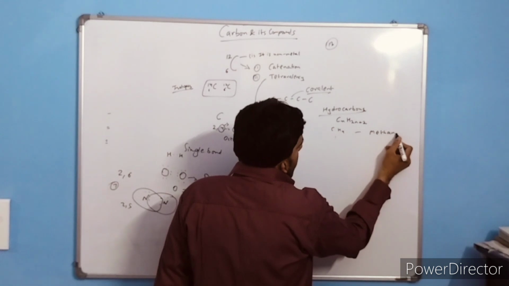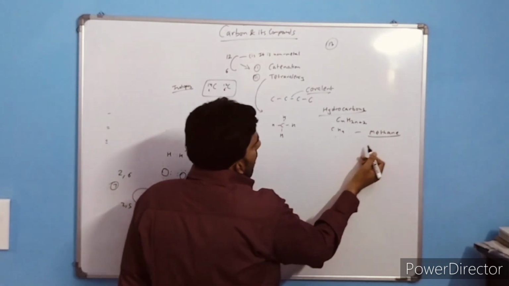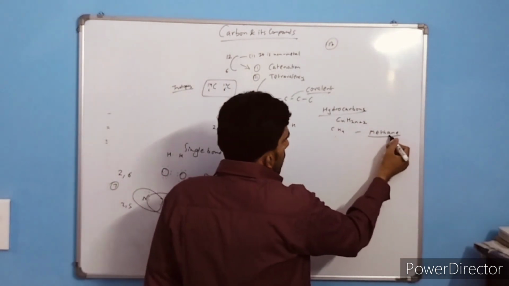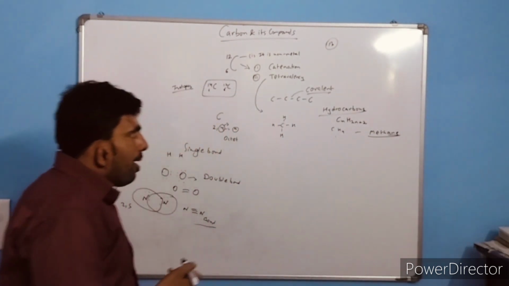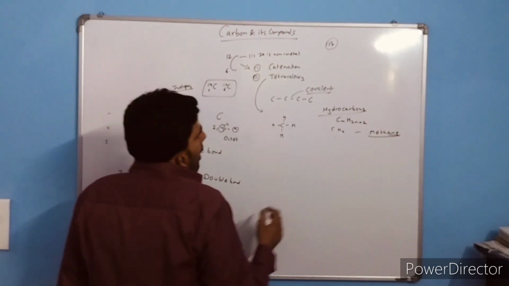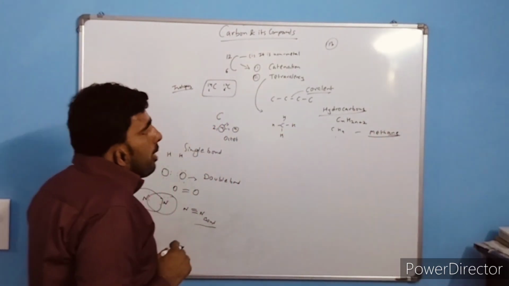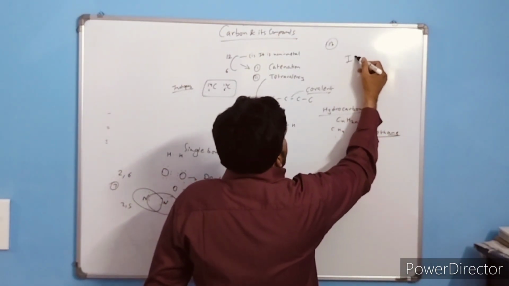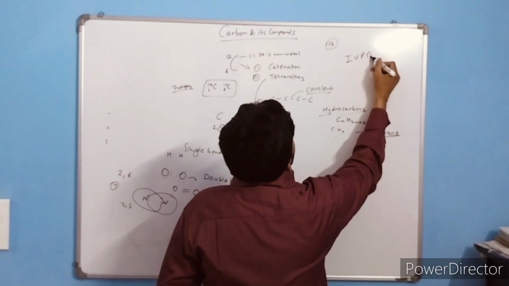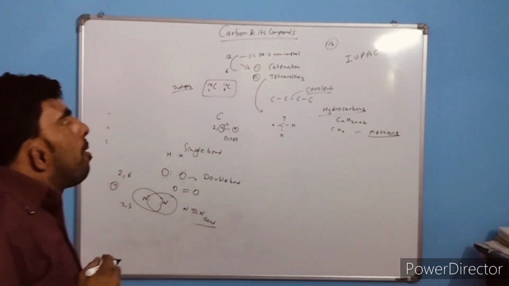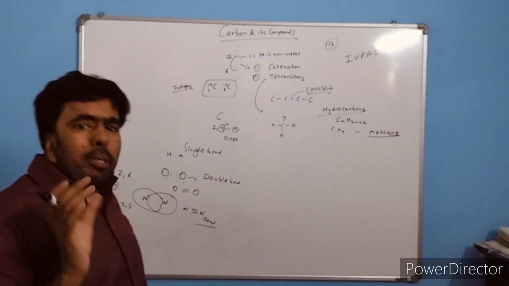Why? "Ane" is for single bond and "meth" for 1 carbon. And that nomenclature is given by IUPAC, the International Union of Pure and Applied Chemistry.